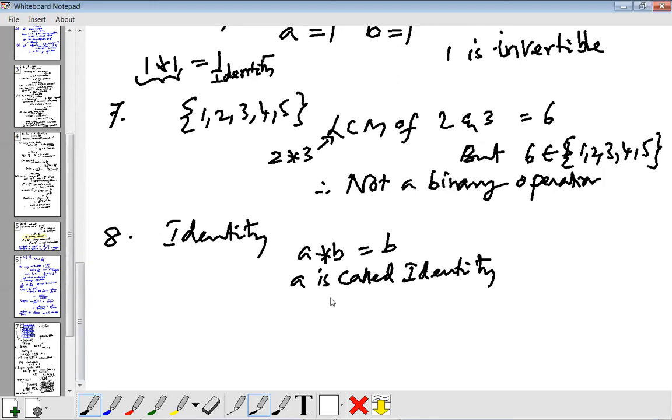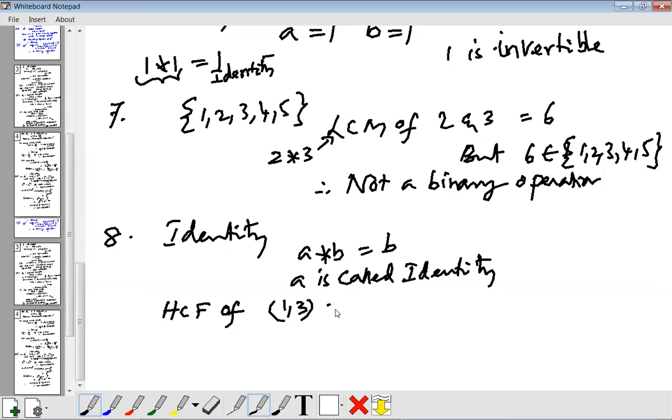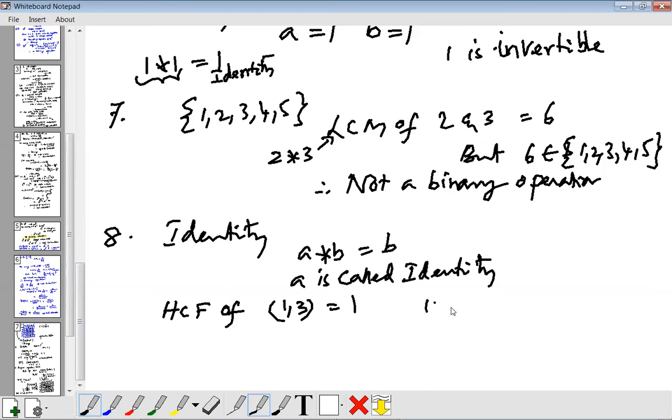But when do you get this? So you take anything, for example, HCF of 1 and 3 is 1. So definitely 1 star 3 is not 3. 1 star 3 is 1 here.